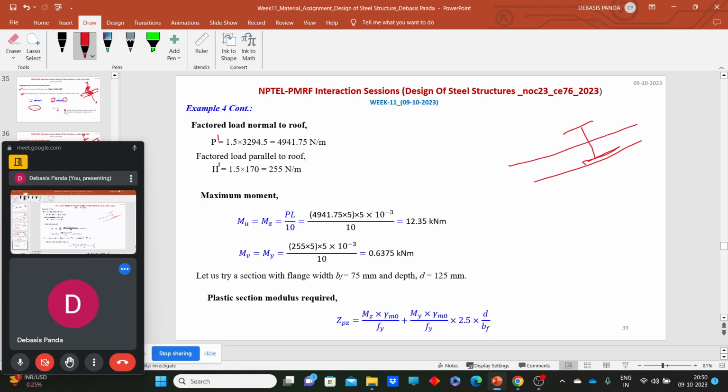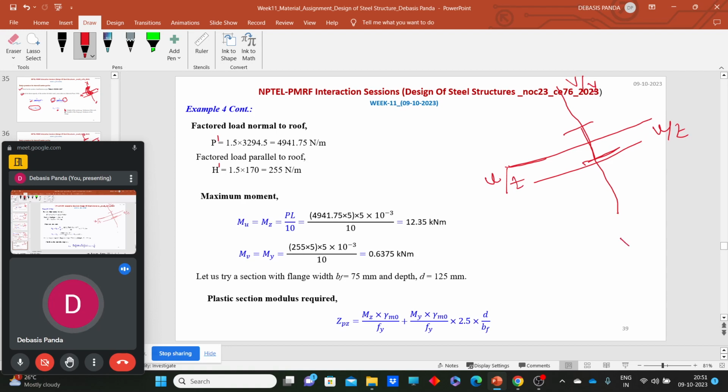With respect to this and with respect to this, we have two loads. For example, this is the u slash z axis, and this is the v slash y axis. Either way, you can consider the vv axis or yy axis.